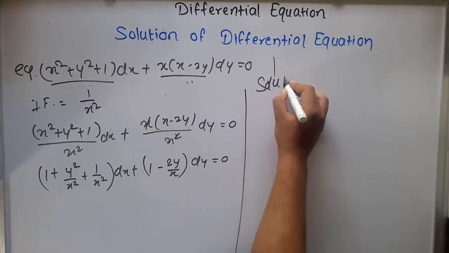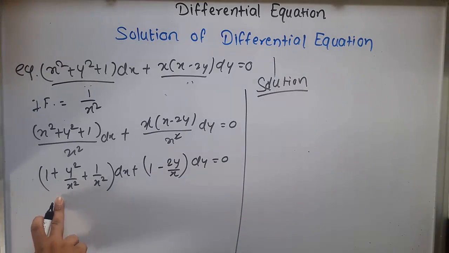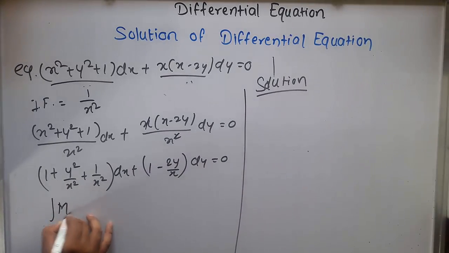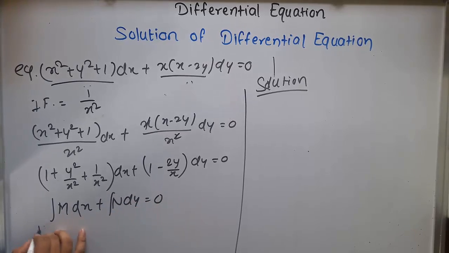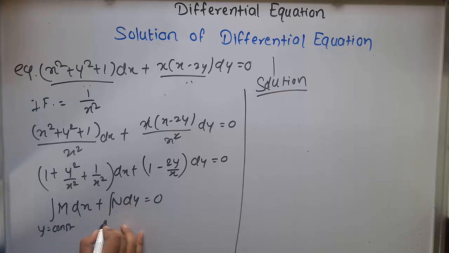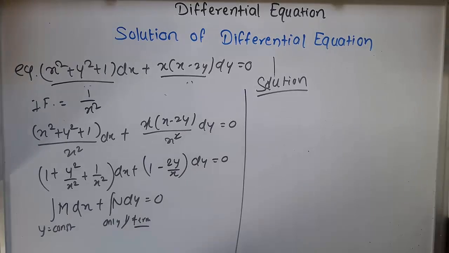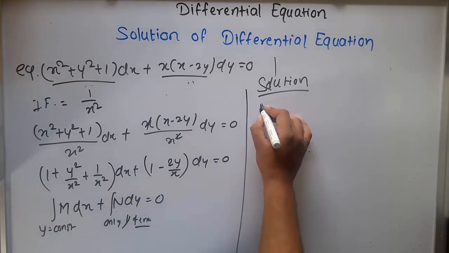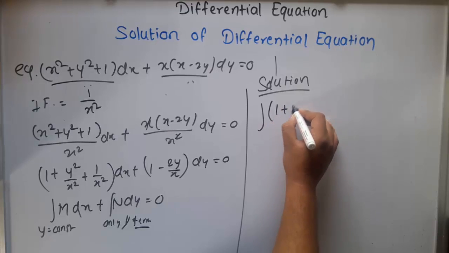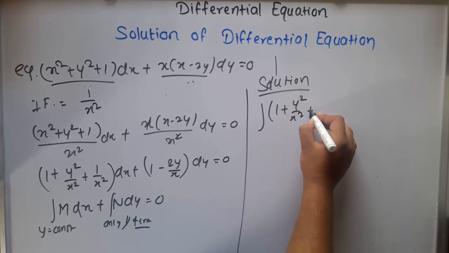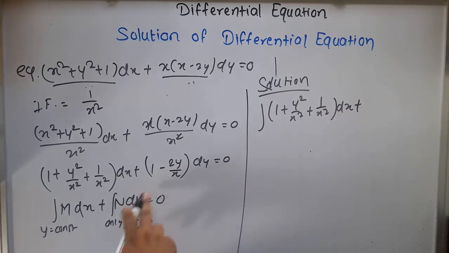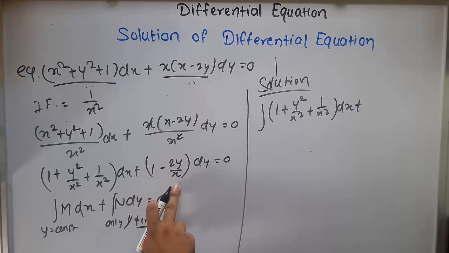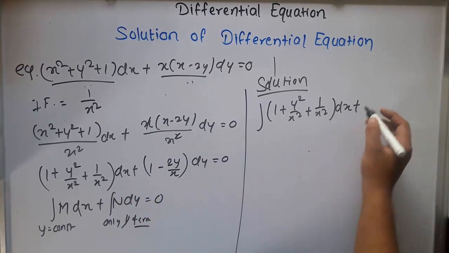Now we find the solution of the differential equation. The solution will be integration of M dx plus integration of N dy equal to c. But here we take y as a constant in M, and in N only the terms without x. So integration of 1 plus y square upon x square plus 1 upon x square dx, plus, here we have only 1 as the y term, because the other term contains x, so we neglect that.